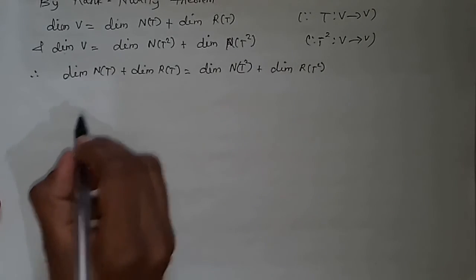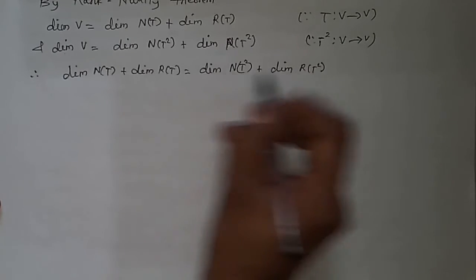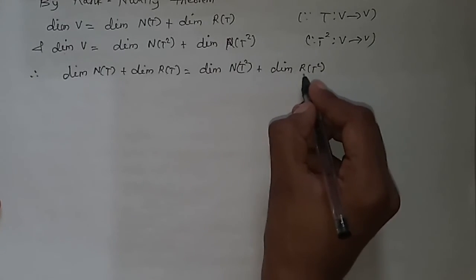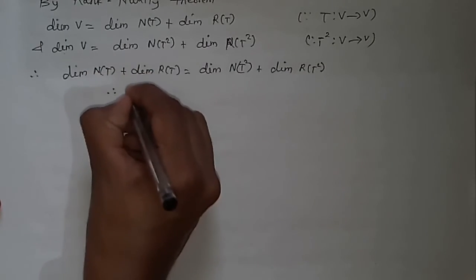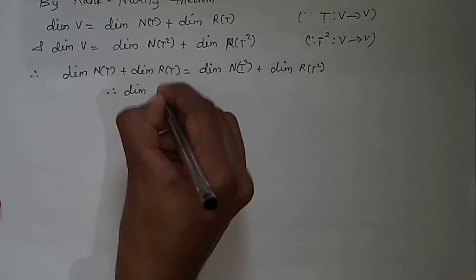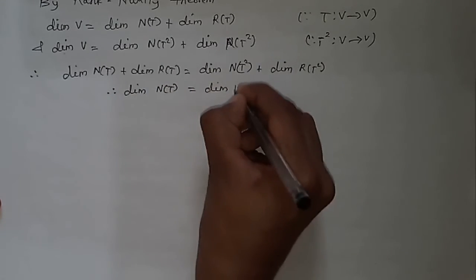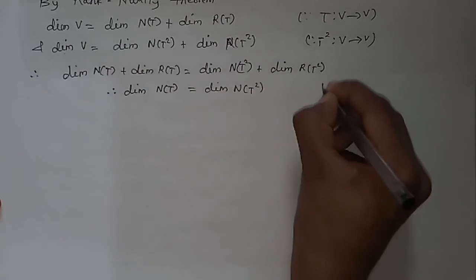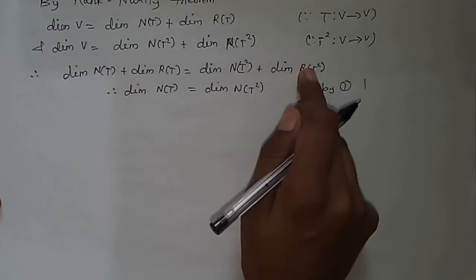Now see, it is already given that dimension of R of T is equal to dimension of R of T square, so we are left with dimension of N of T equal to dimension of N of T square. Both these terms are equal, so they get cancelled.